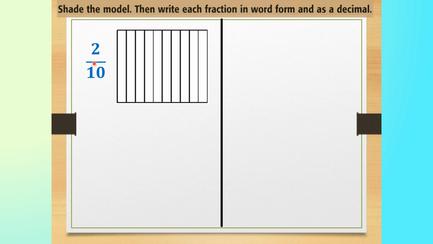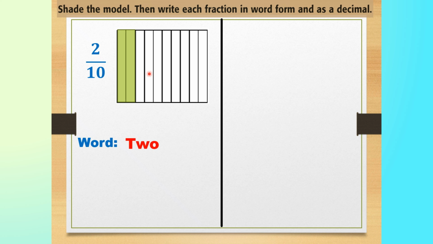Here we have 2 out of 10. So because it's out of 10, we're using the tenth grid. So we need to shade the numerator, which is 2. Shade 2 parts. 1, 2. To write it as word form, we use the numerator. The numerator is 2. 2 what?